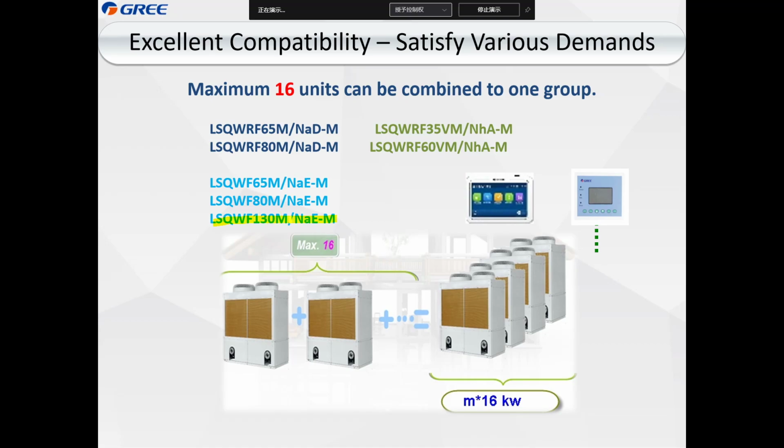So you can calculate 16 times 130 kilowatt, how much capacity, it is very high. Use the capacity calculation formula: this is the capacity times 16, that is the modular system capacity. So we can satisfy various demand.